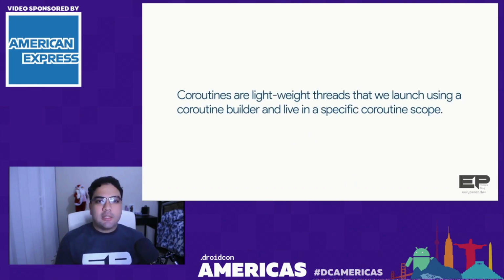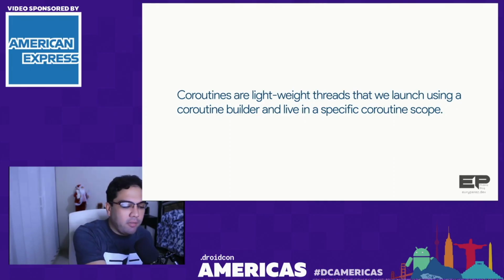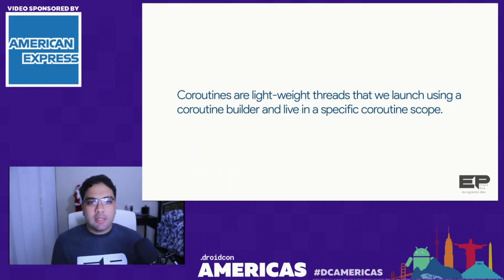So let's start right away. Coroutines are lightweight threads, right? If you don't know this concept, in the next slides I will be explaining some basic concepts for people who don't know anything about threading. They are lightweight threads that we launch using a coroutine builder and live in a specific coroutine scope.